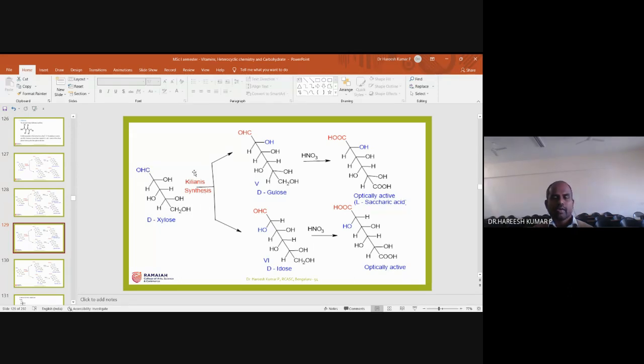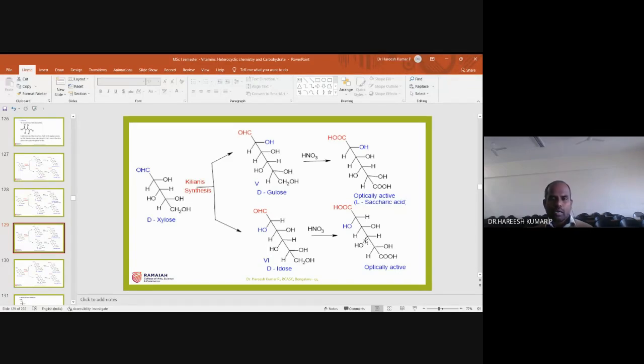Suppose a hydroxy group is on the right hand side, then it is called gulose. If this hydroxy group is on the left hand side, then it is called idose. The obtained gulose and idose, subjected to oxidation, give rise to dicarboxylic acids, and both the dicarboxylic acids are optically active because of the absence of planar symmetry. Is it clear?